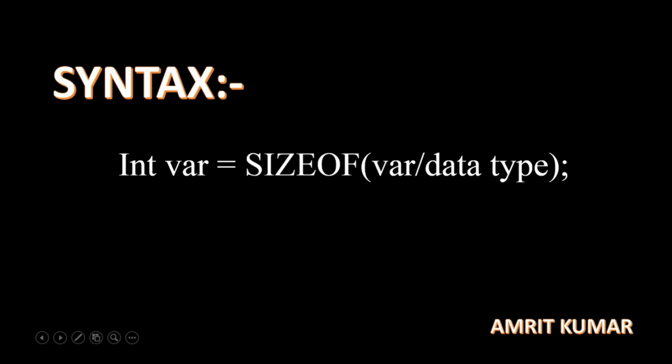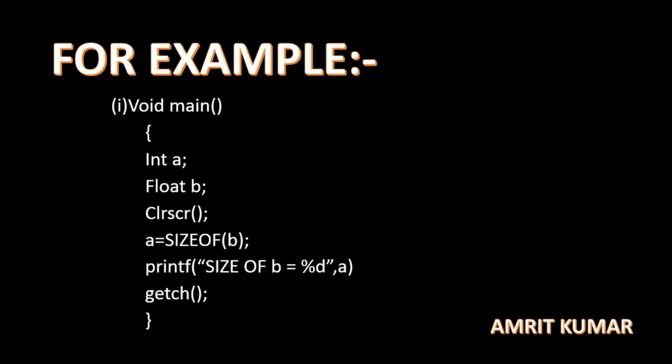Now let's check some examples of it. Here I have used the main function whose return type is void. It means it is not going to return any value. After that I have used the open curly braces, whose work is to open the main function, and in that I have used the variable a whose data type is integer.